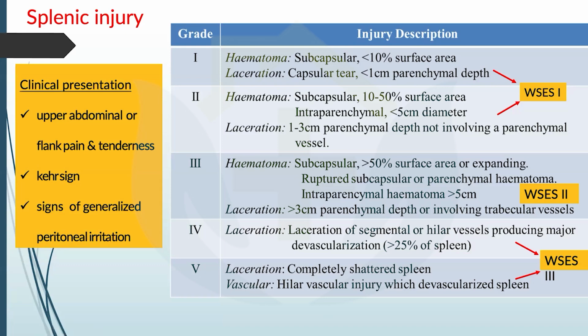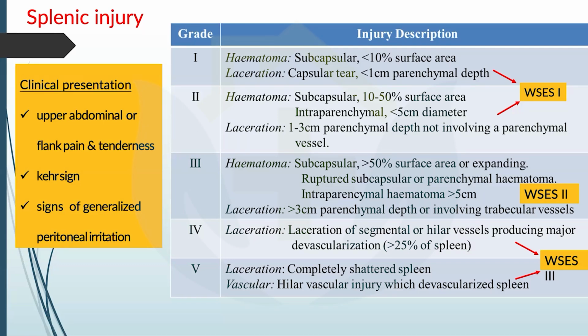What is very important to understand is there are two things, rather three things, to determine the extent of a liver injury, splenic injury, and renal injury. Those are the depth of laceration of the parenchyma, the subcapsular hematoma, and any kind of vascular laceration or vascular avulsion, major vascular event. These three things we have to see.